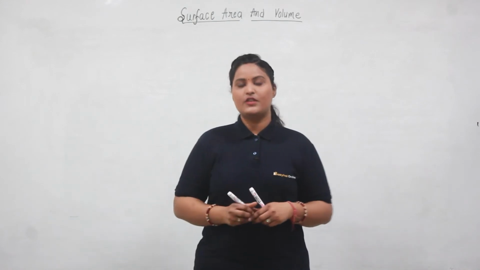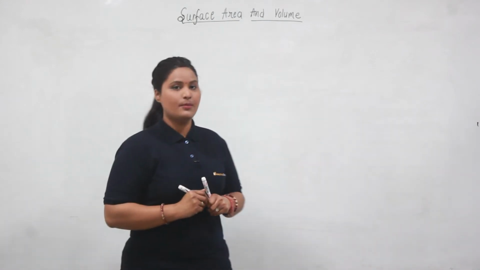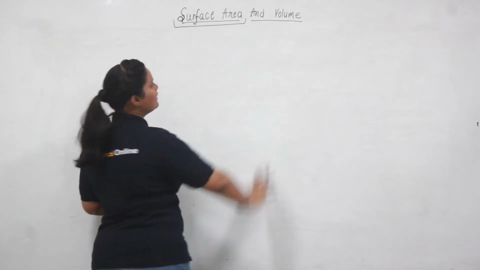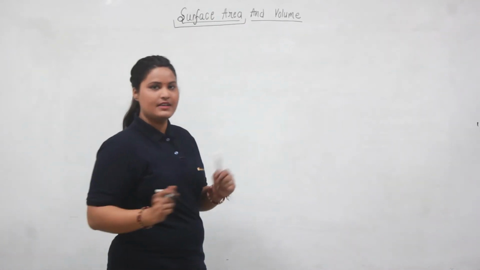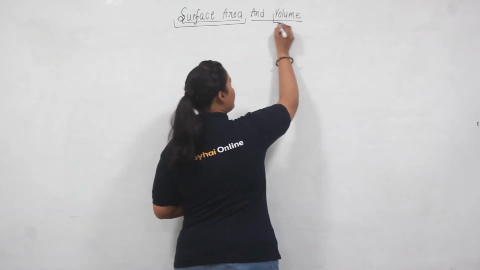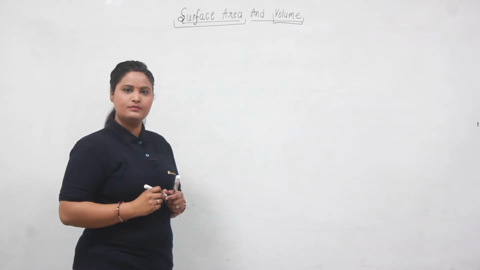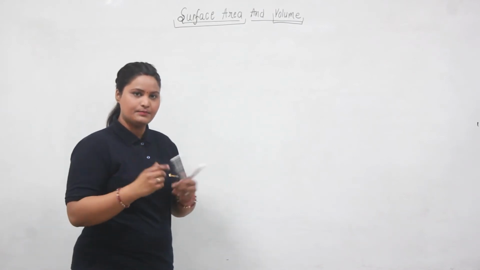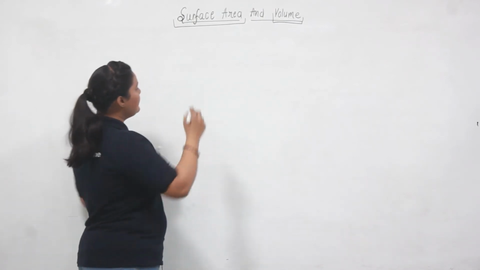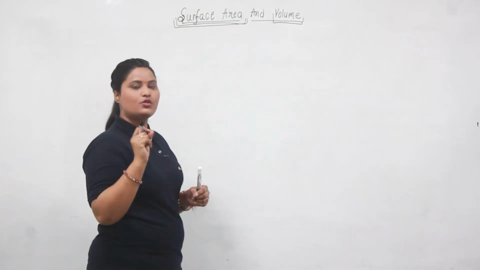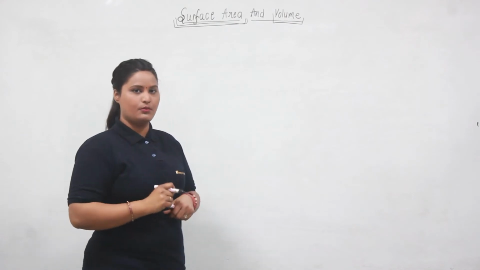Okay. So first of all, we will talk about the meaning of the name of the chapter: what is surface area and what is volume. Do you know what is surface area? The name basically indicates everything, but you should understand the concept also.